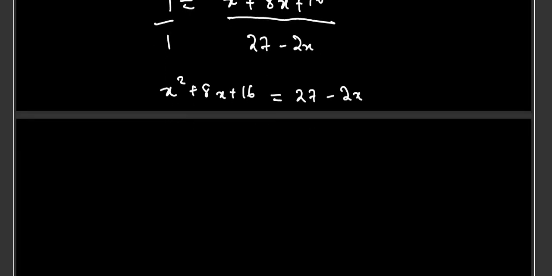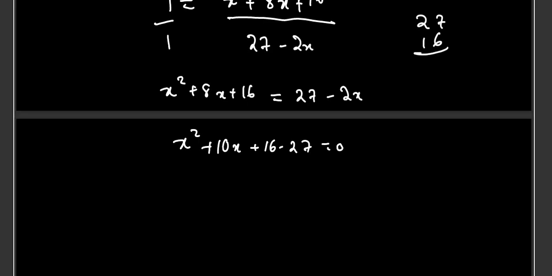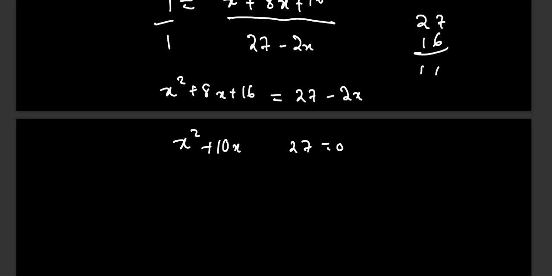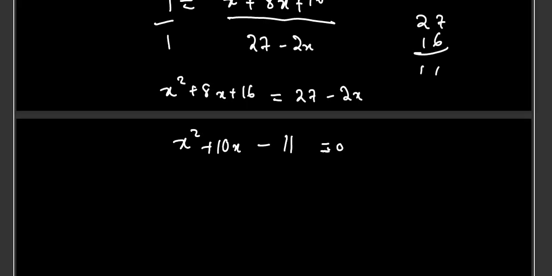Then here you are simply getting a quadratic. This is going to be plus 10x, then plus 16 minus 27 is equal to 0. So 16 minus 27 is negative 11, right? The product here is negative 11.